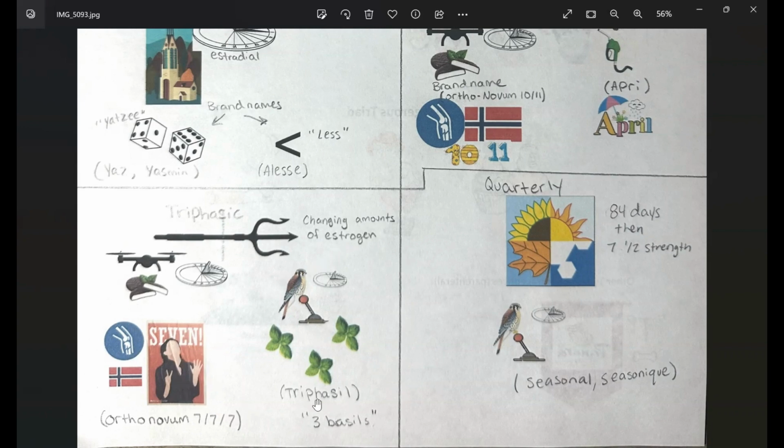Another drug that is triphasic is Trivora. That's a combination of levonorgestrel and estradiol. To help you remember the brand name, these are basil leaves. So 3 basil leaves, tri-basil.